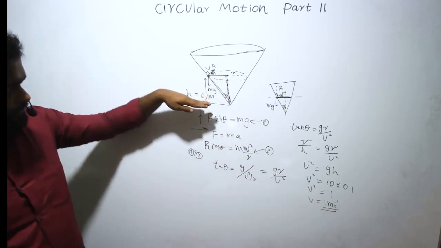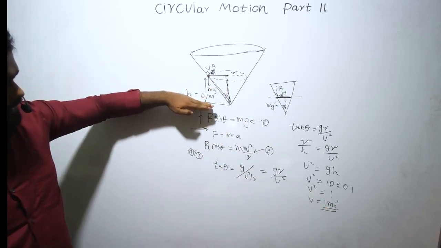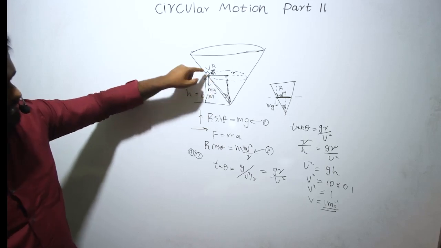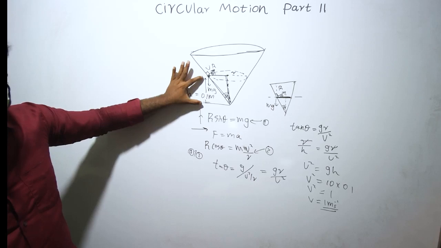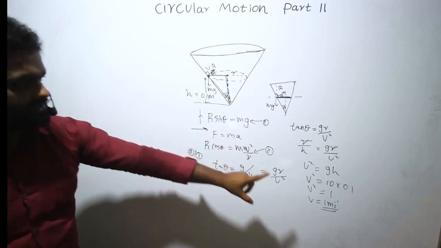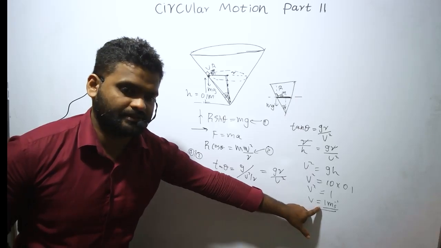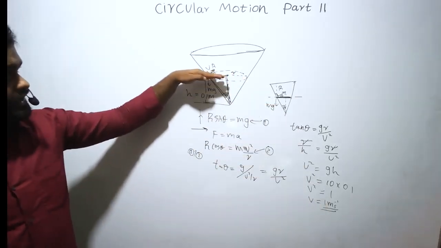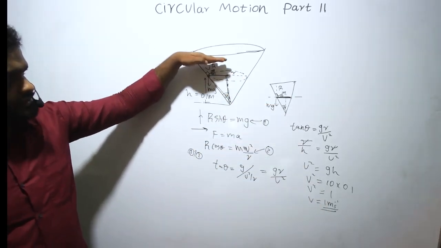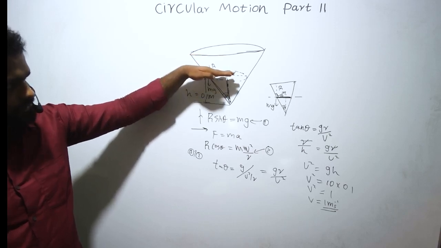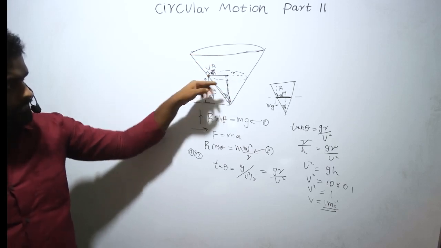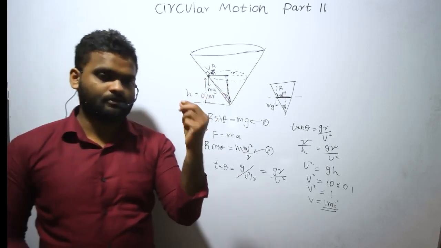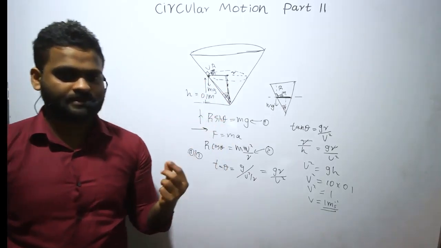Then it would have a circular motion 0.1 meters above the ground. If you increase the speed, then it would have a circular motion above this, right? If you lower the speed, then it falls a bit lower, and it still keeps the circular motion. So that's what happens there.